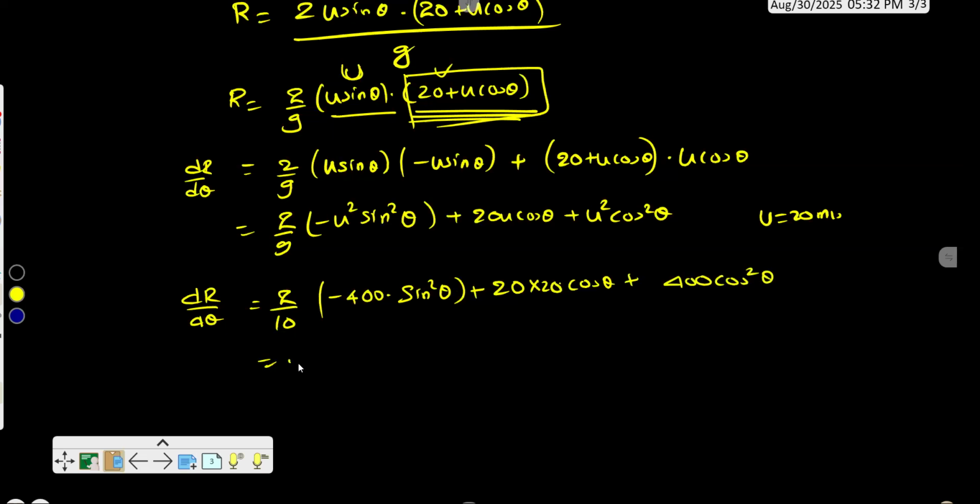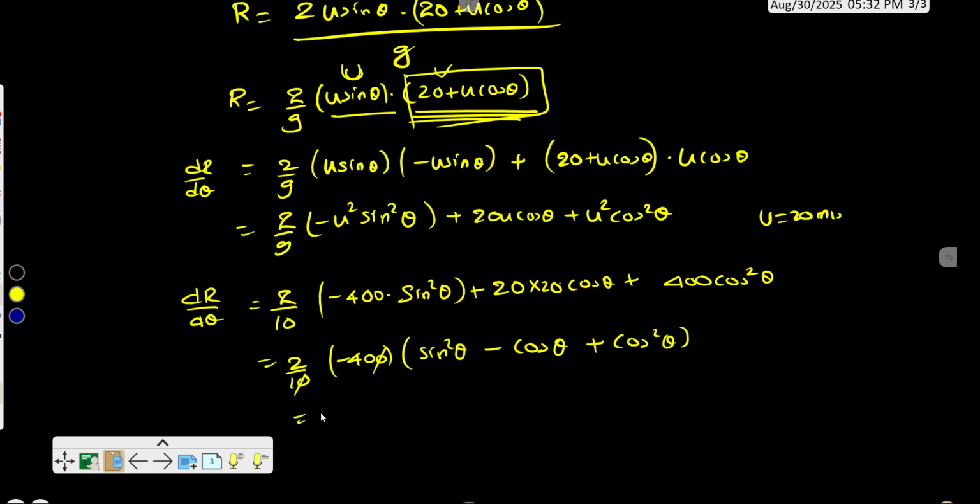That would be 2 by 10. In everything, 400 is present, so I can take 400 common. If I take minus 400 common, this would be sine square theta minus cos theta plus cos square theta. This and this will go.